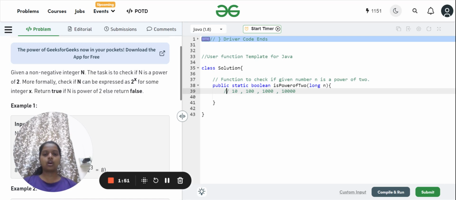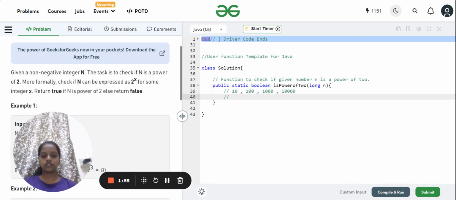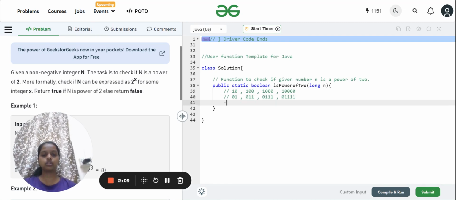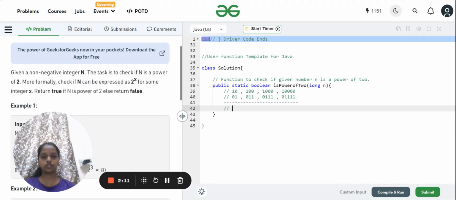Okay, other than that, what we can do is, let's say I take binary representations like this: 011 and 0111. If I do the AND operation of both, what will I get? I'll get 0. Right.